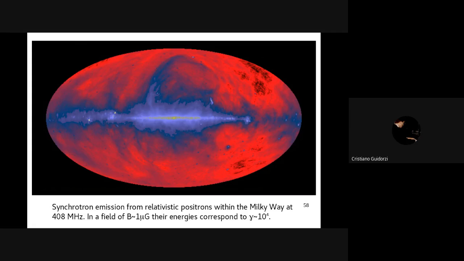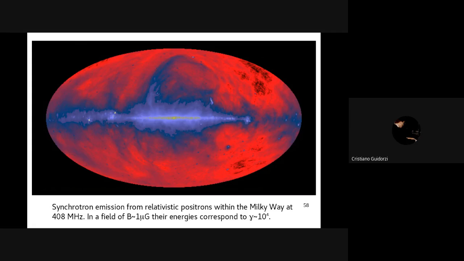So you immediately estimate the Lorentz factor of these electrons, and you come up with a Lorentz factor of 10 to the 4. So there are sources in our galaxy which can accelerate electrons to hugely relativistic energies, a Lorentz factor of 10,000, really incredible.